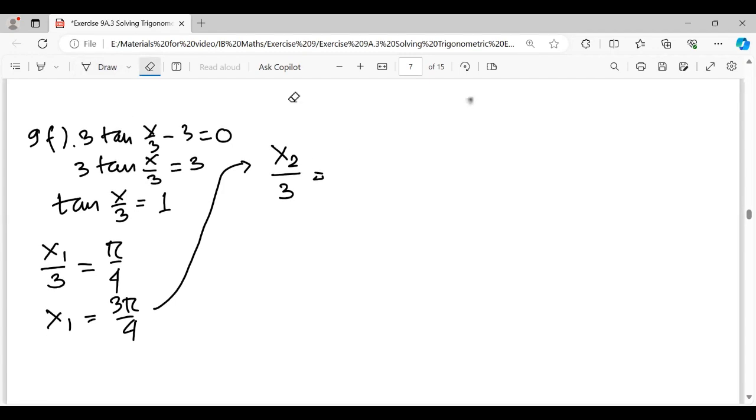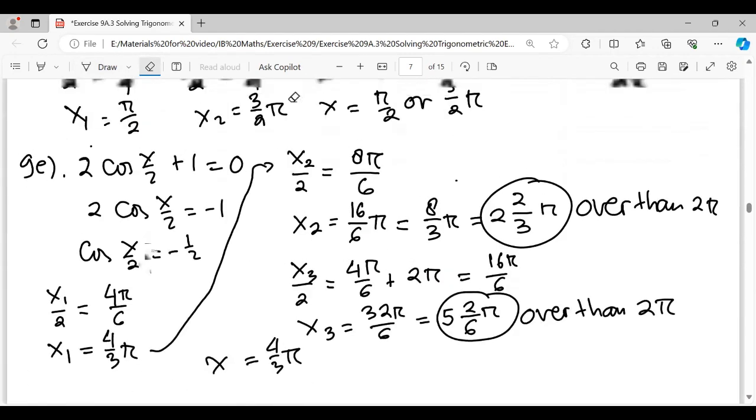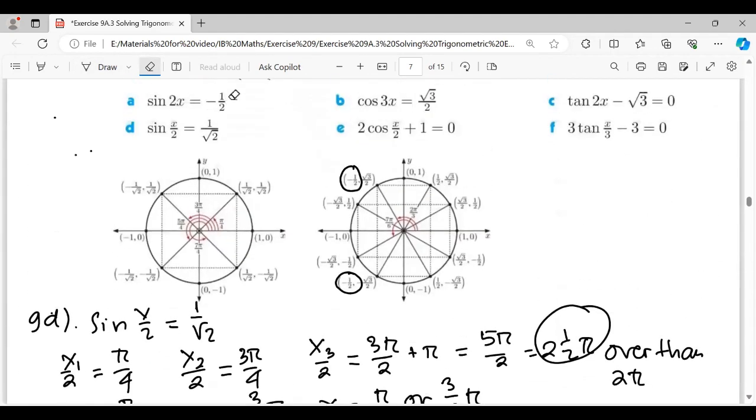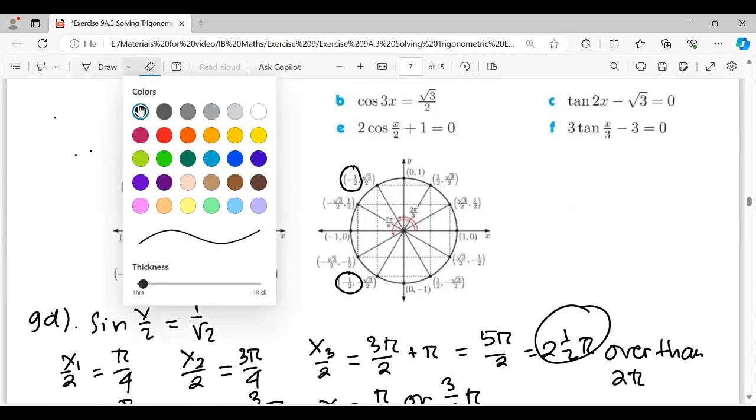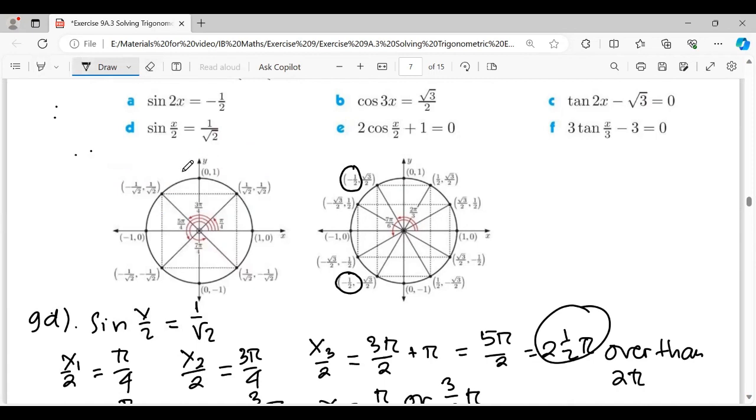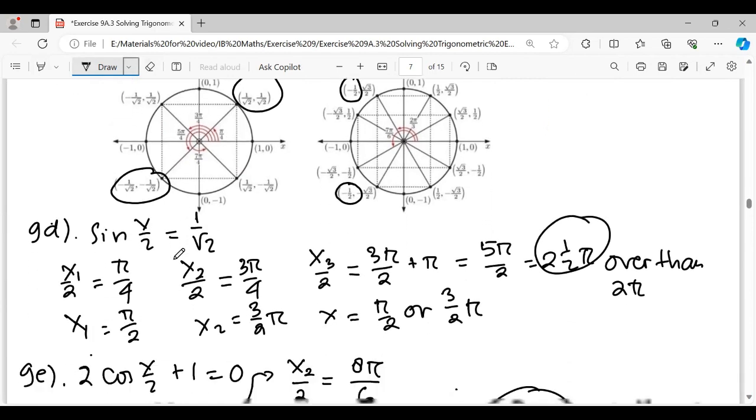We have to check here first. This one and this one. Pi over 4 and 1, 2, 3, 4, 5. 5 pi over 4.